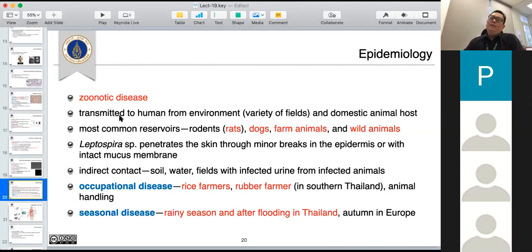When we are exposed to Leptospira in the environment, Leptospira interrogans penetrates the skin through tiny breaks in the epidermis, or maybe penetrates the mucous membrane directly. We have so many cases from sport competitions.